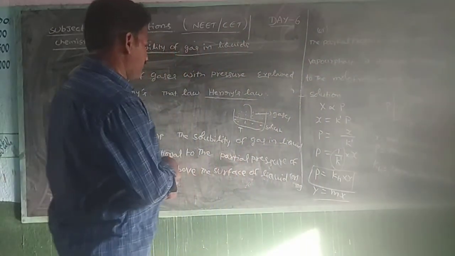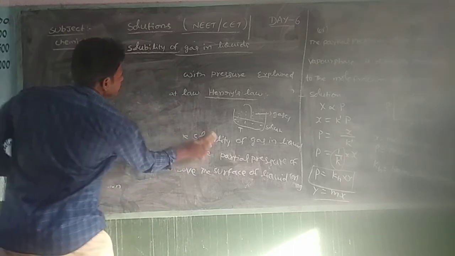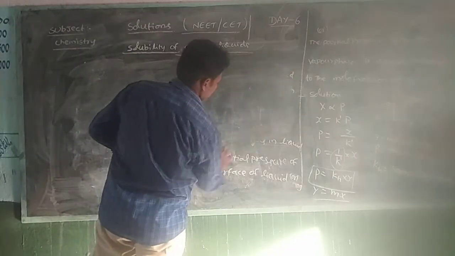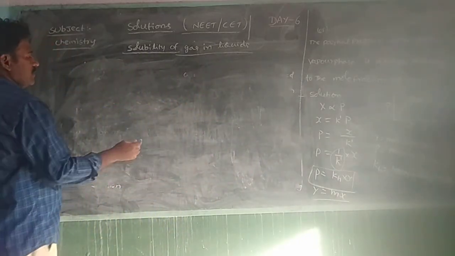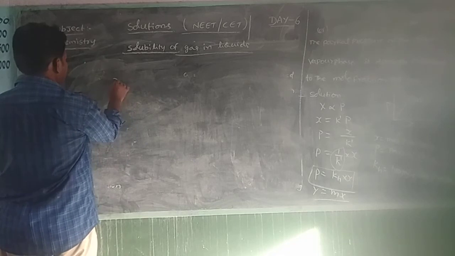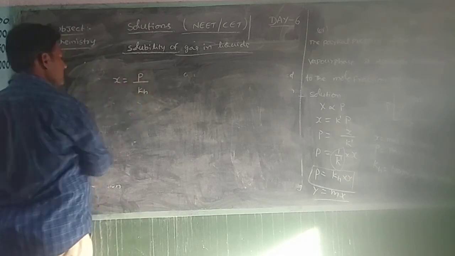And another one. Suppose we take the partial pressure: x is equal to P by KH.